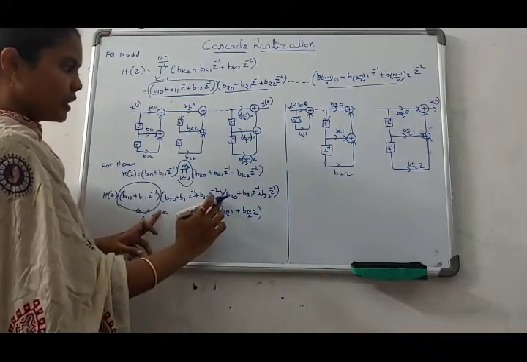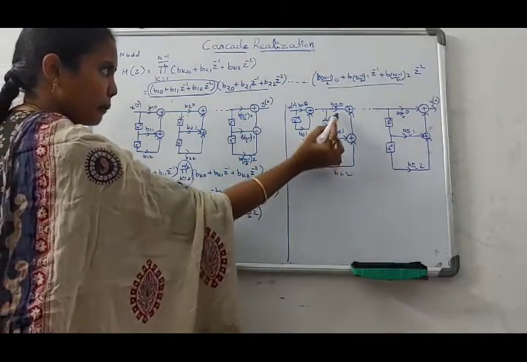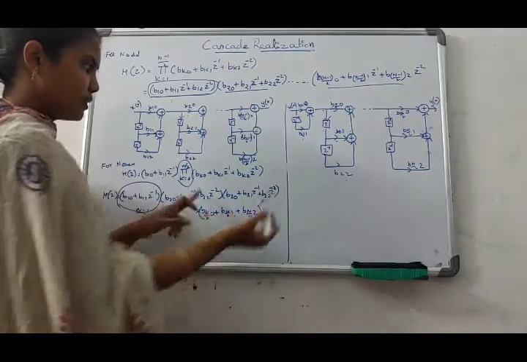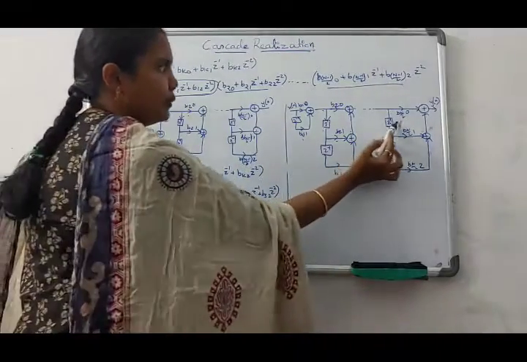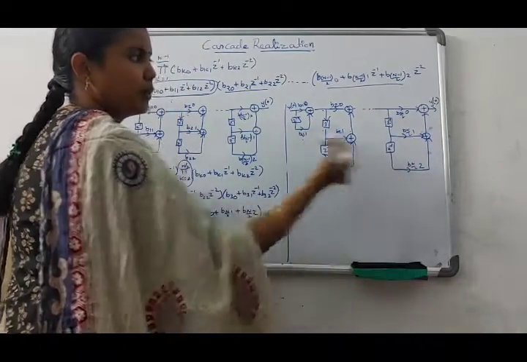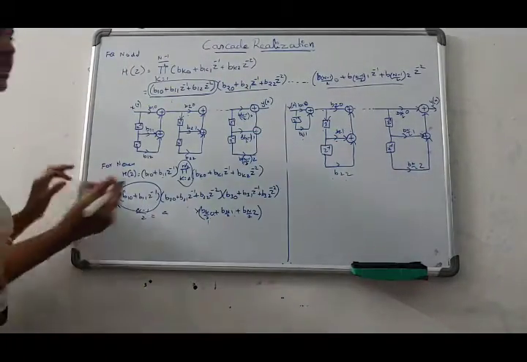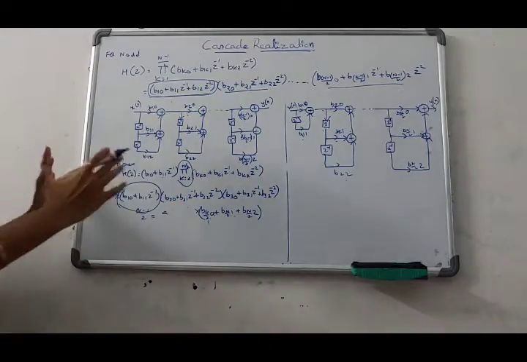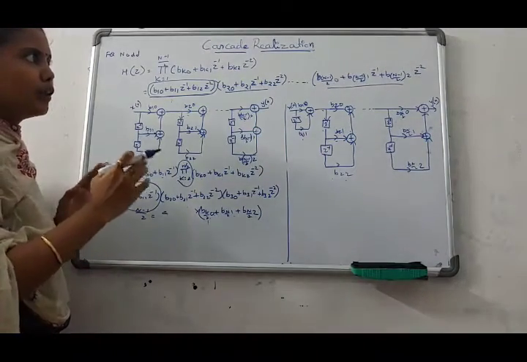Next, the cascade form: b20 plus b21 z inverse plus b22 z inverse, and so on, up to b N by 2, 0 plus b N by 2, 1 z inverse plus b N by 2, 2 z inverse. See, the output is represented as y of n. Okay, so this is the cascade structure. We have to cascade some number of functions.